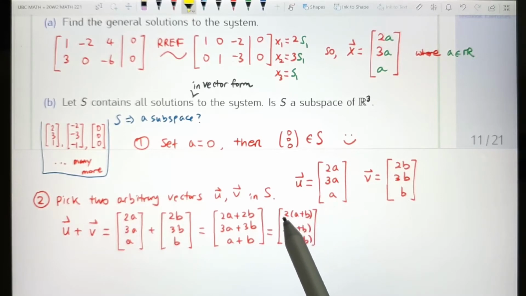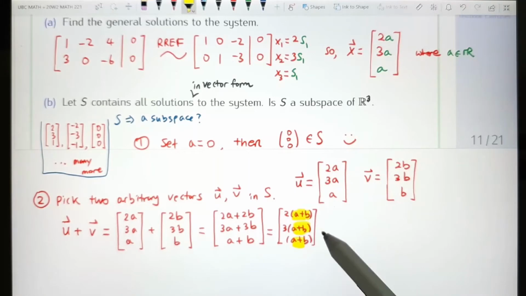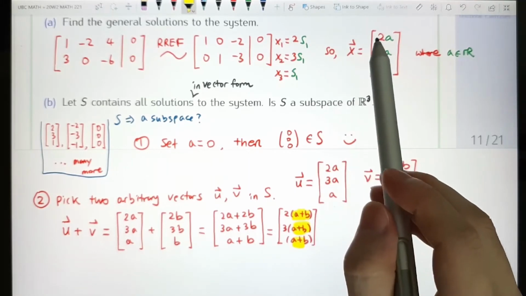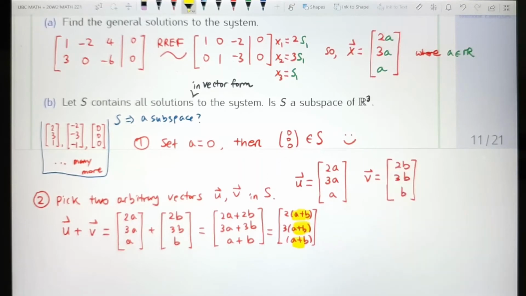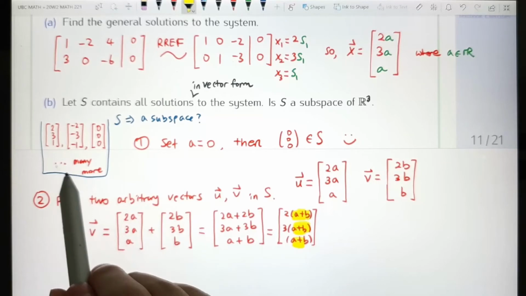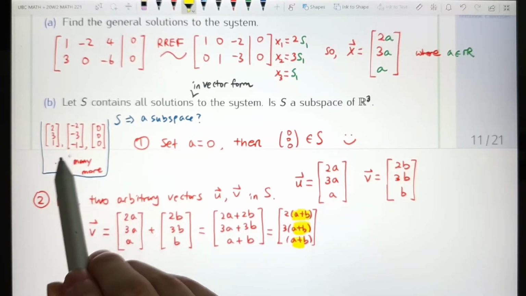This means 2 times some scalar a plus b, 3 times the same scalar a plus b, and then just that scalar a plus b, which means our resulting vector also has the same DNA as 2a, 3a, a. Therefore, u plus v must be a member of the elements in this box.